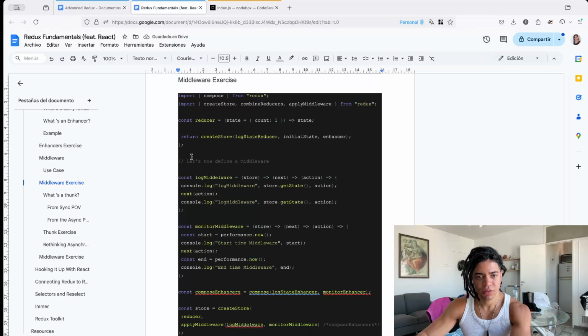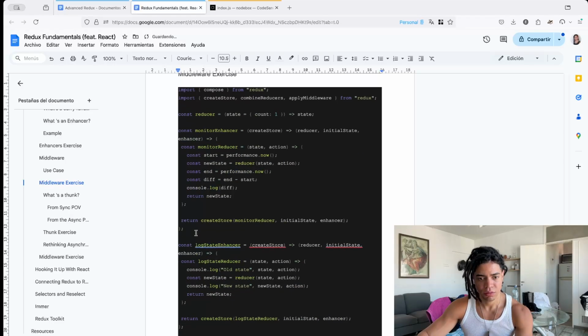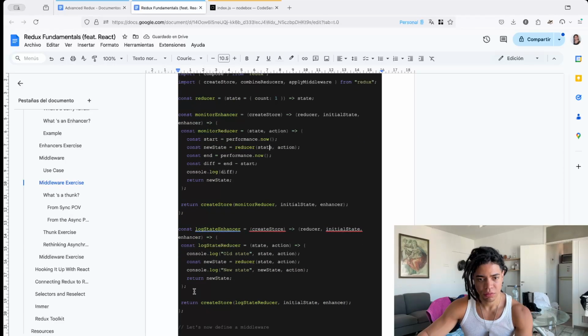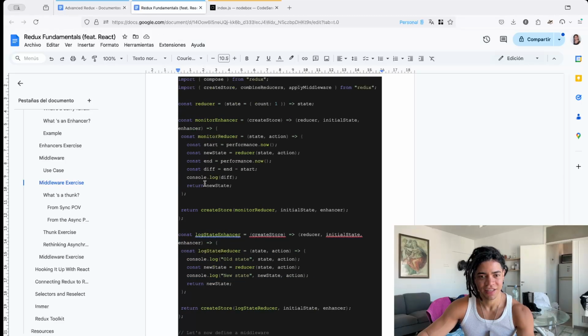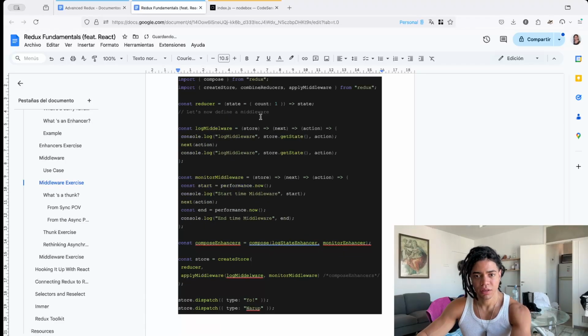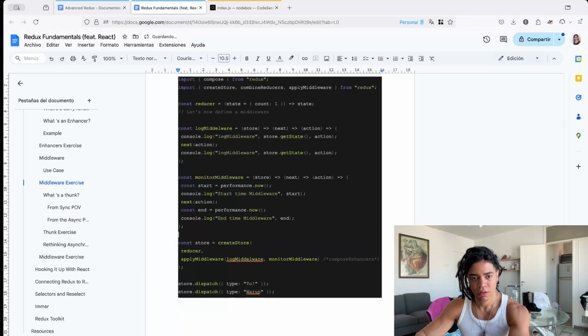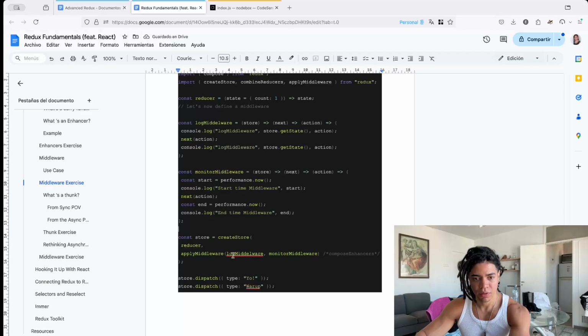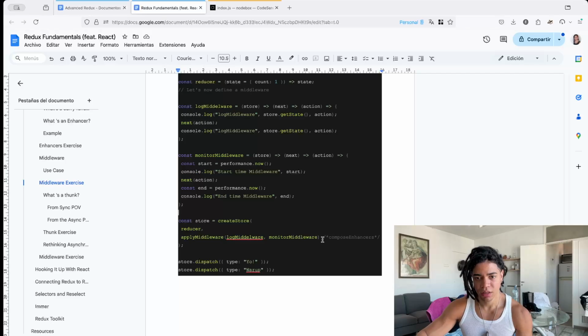It's just this. I'm just removing the enhancer here, like that. Only the log and monitoring, that's it. I don't need to pass any enhancer because I don't want to. Then apply the reducer, and then you have the log middleware and monitor middleware for that, and that'll be here, right?